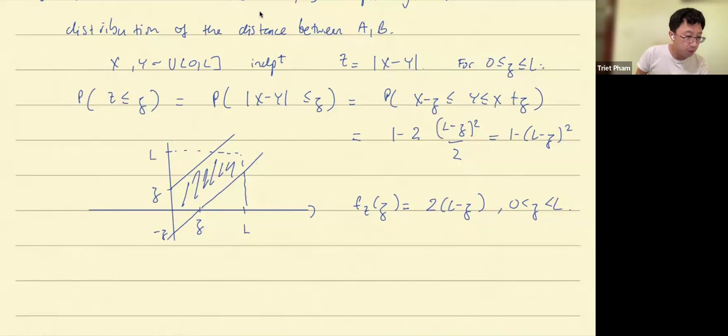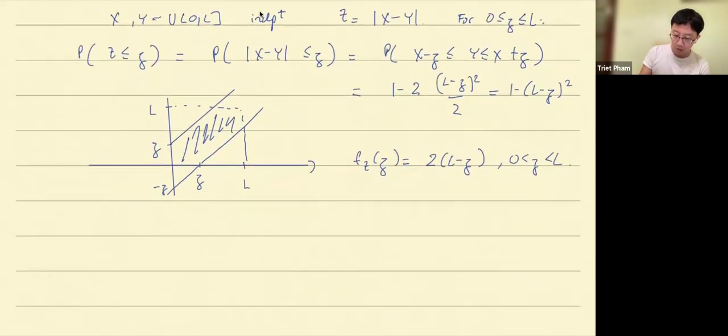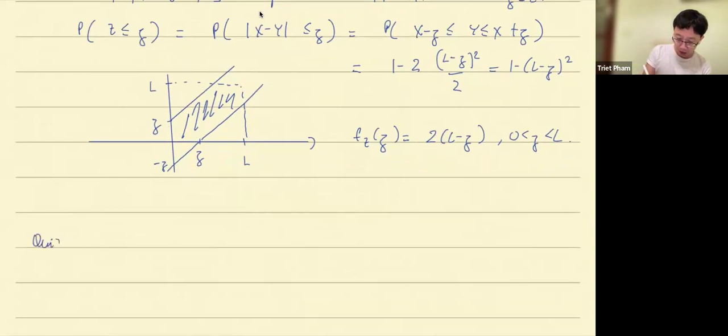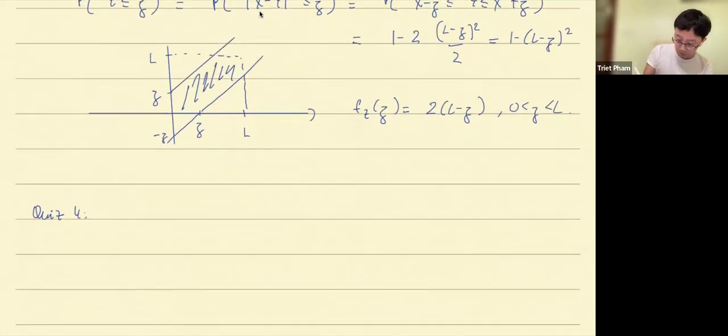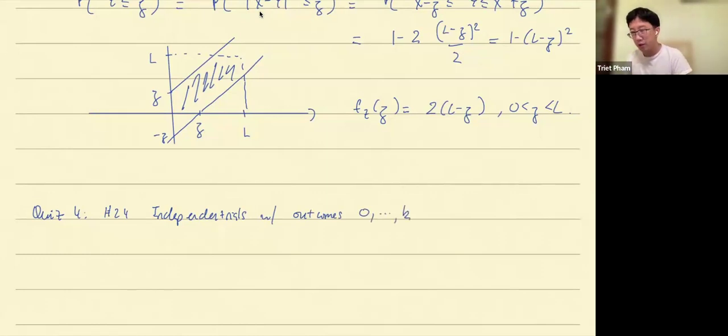All right. Next, let's take a look at question number 24, which says that you have independent trials with K plus 1 outcomes, 0 to K. Think of it as rolling a die, 1 to 6, or if you include 0.